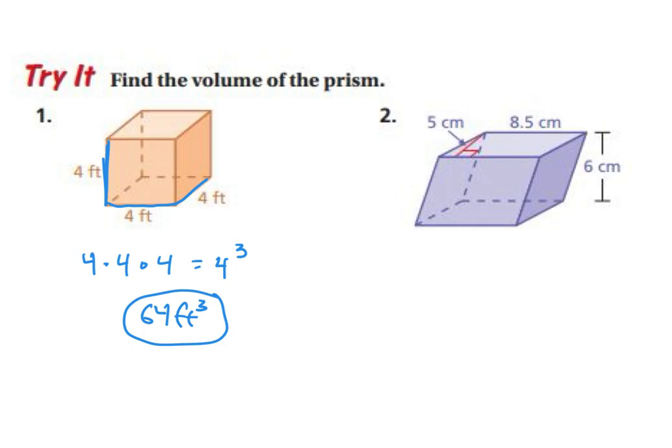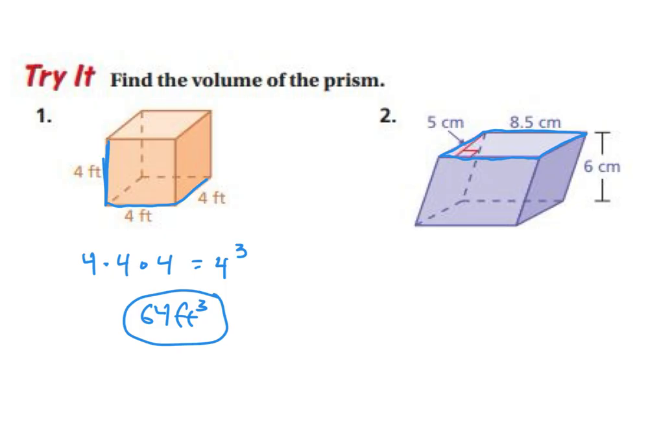For number 2, we'll want to kind of look at this a little bit differently. We're going to find the area of a base, and this is technically our base, but based off of this picture, the dimensions are labeled for this top portion. Okay, now please know they're the same for the top and the bottom.